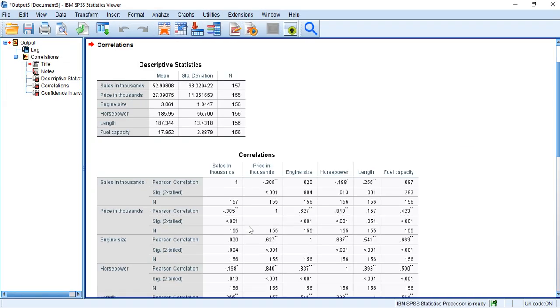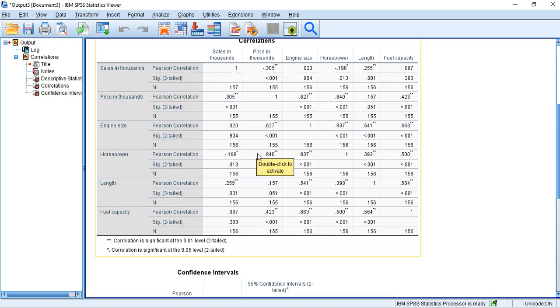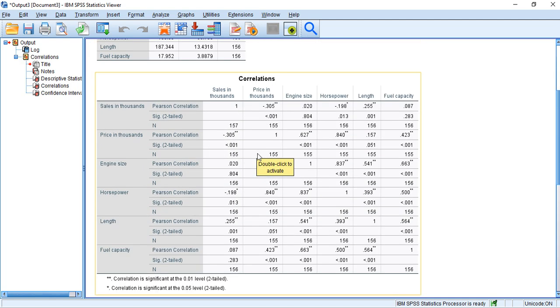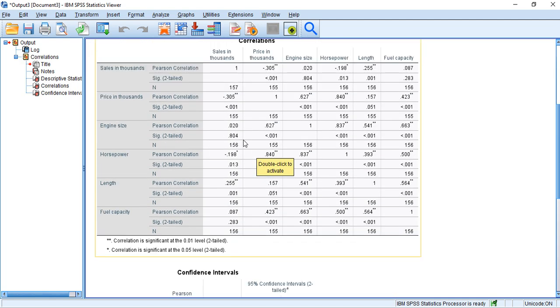Now what we should do is understand how to read the correlation matrix in the output window. These are our descriptive statistics, where N is the count of the elements. Here we go to our correlations.